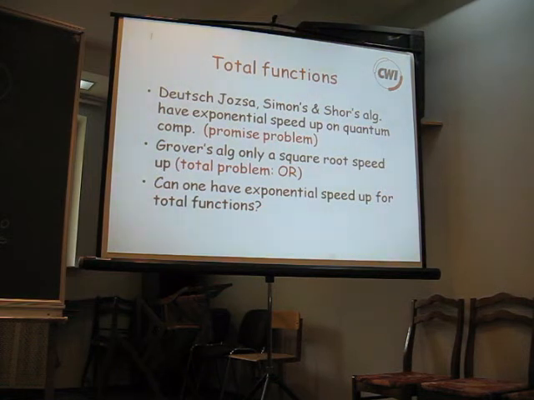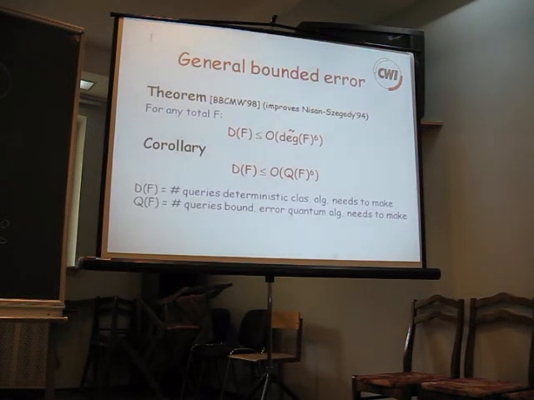We had 1 versus n over 2 or something else, but there was a promise problem. On the other hand, for Grover's algorithm there only was a square root of n speedup, but it's a total problem. So the question is, can you exponentially speed up total problems? Can you have these two worlds at the same time? Actually, the answer is no, you cannot.